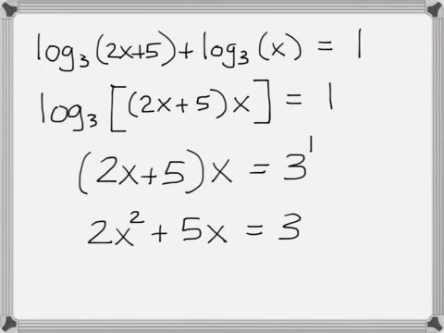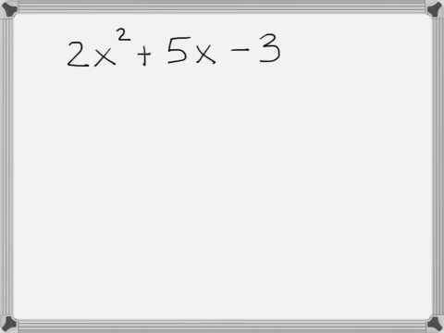So what we have is a quadratic equation now, and to solve that, what we're going to do is subtract 3 from both sides, and that will put it in the form that we're used to seeing that as. So what we would have is 2x squared plus 5x minus 3 equals 0, and we want to check to see if that quadratic equation can be factored, and in this case it can.